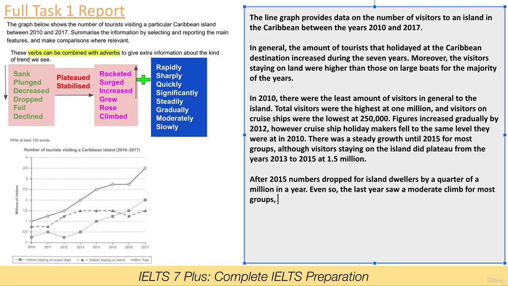Let's talk about that. And surged for total visitors, which at the end of 2017 stood at 3.5 million. Okay.